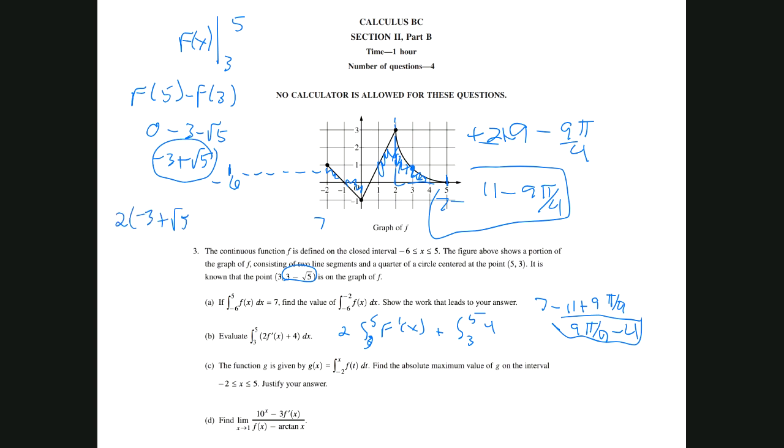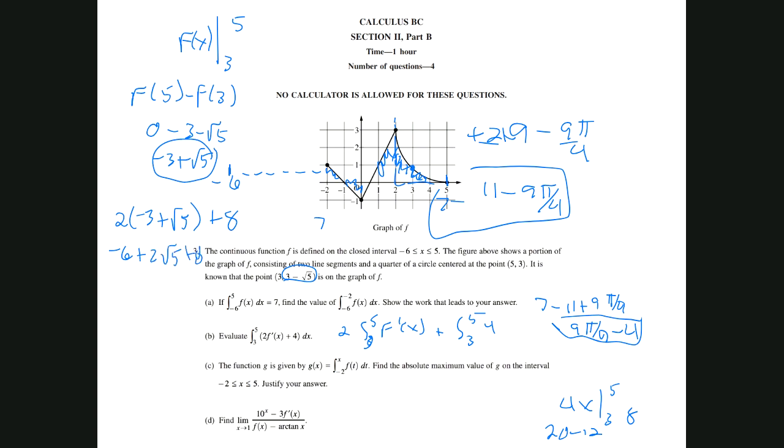But I still have the integral of the 4, right? So that's going to be 4x from 3 to 5. That's 20 minus 12, which is 8. So negative 6 plus 2 square root of 5 plus 8.